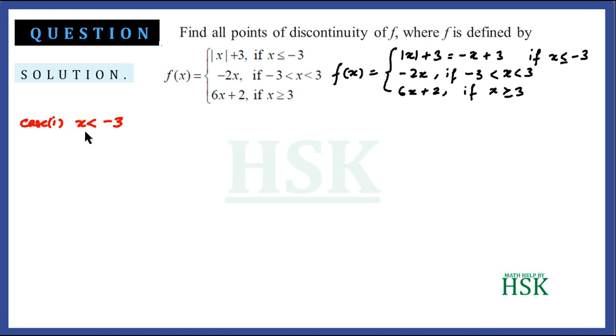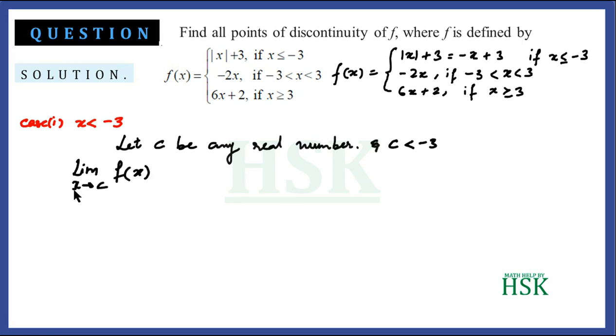Now in the first case we are going to consider that x is less than minus 3. So for this we consider that c is any real number and c is less than minus 3. So limit of x tends to c for f(x) would be equal to limit of x tends to c for minus x plus 3, because in this interval f(x) is equal to minus x plus 3.